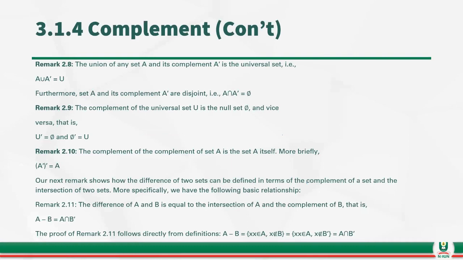All right, it's okay. Now, when you find the union of a set and its complement, it gives you a universal set. But what is the intersection of a set and its complement?